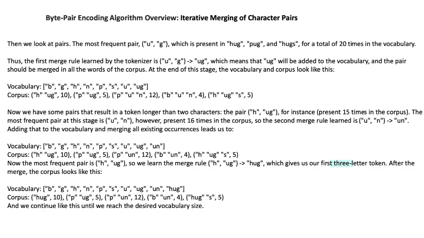This time it's U and N, which shows up 16 times. So now we merge U and N into UN. After this step, we look again, and now the most frequent pair is H and UG, which gets merged into HUG, our first three-letter token. We keep repeating this process, finding the most frequent pairs and merging them, until we build up a vocabulary of useful subwords that the model can understand and use efficiently.